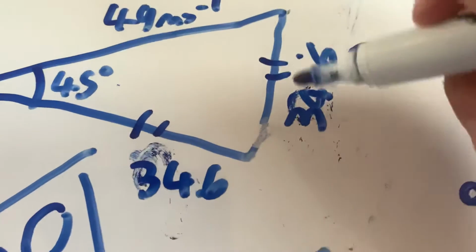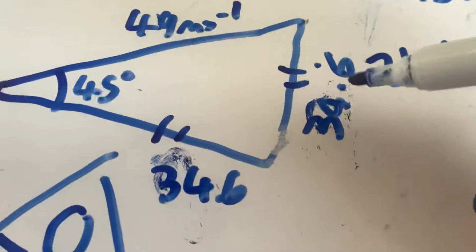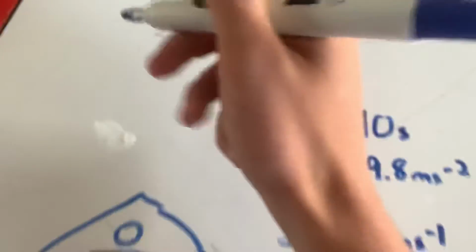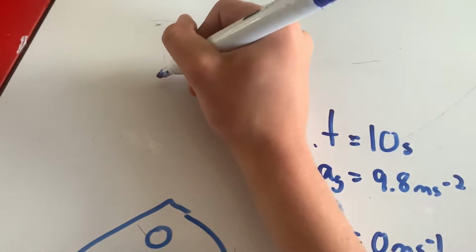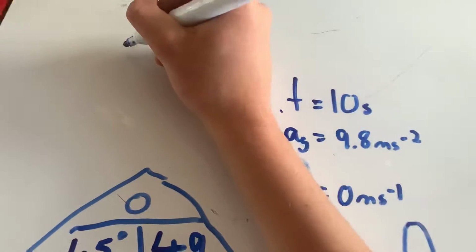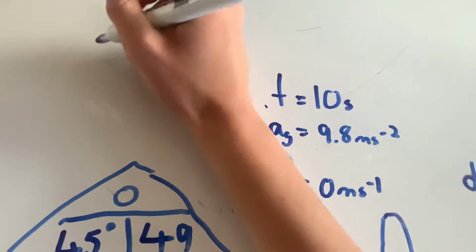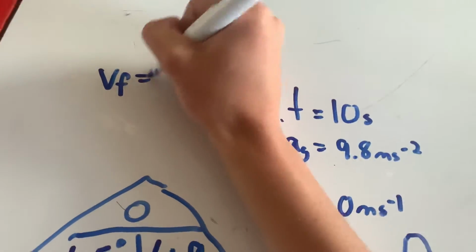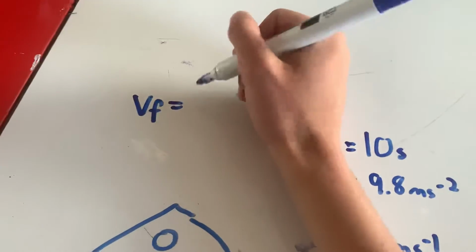Next step is figure out timing. Now that we know the variables, so we know initial velocity, we can find a formula. So the most suitable kinematic equation here, we're trying to find time.